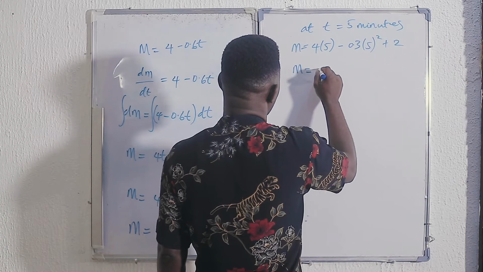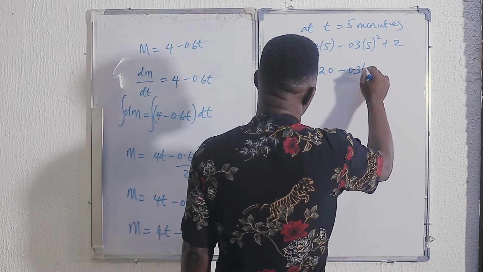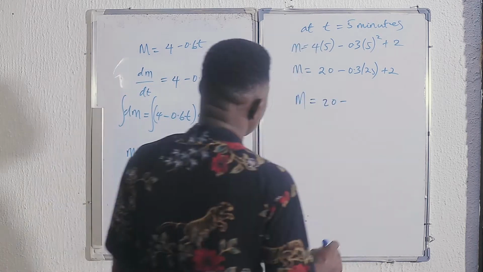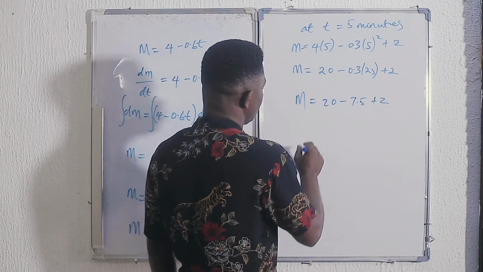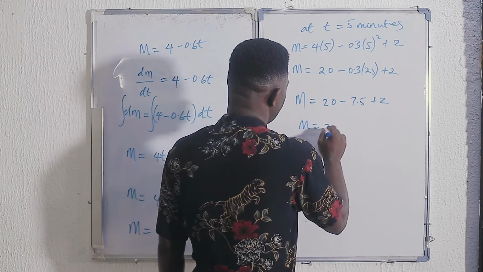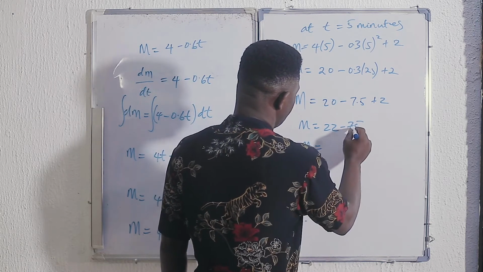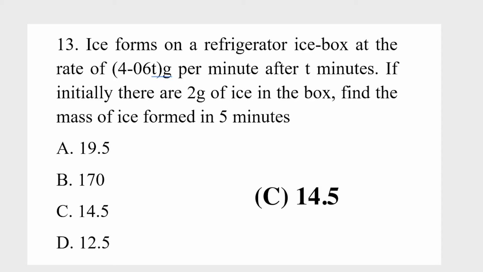This is going to give us 20 minus 0.3 into 25 plus 2. So this is going to be 20 minus 7.5 plus 2. So m is going to be 22 minus 7.5, which is 14.5 grams. So the correct answer is 14.5 grams, which is C.